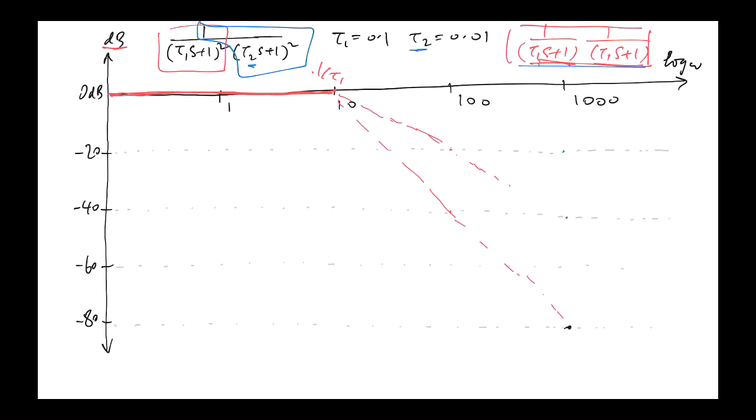The time constant is now this. 1 on tau2 is 100. So this will look like that up to about 100. And then together, because we've got 2 of them here, it will go down at 40 dB per decade.